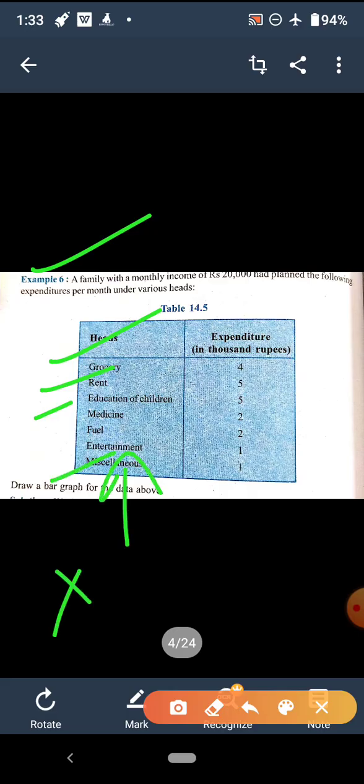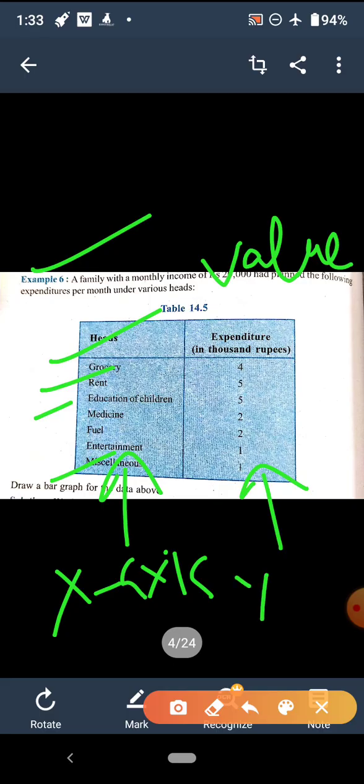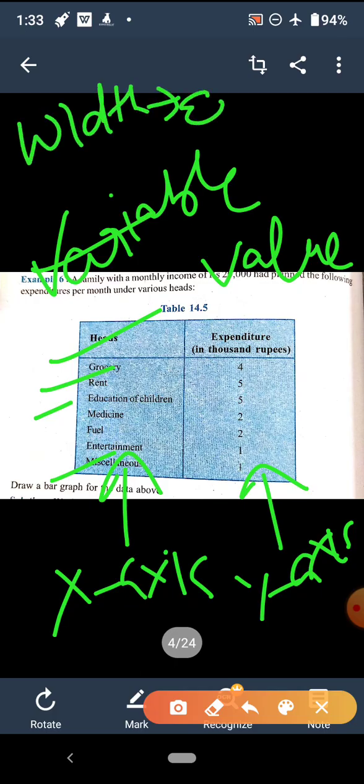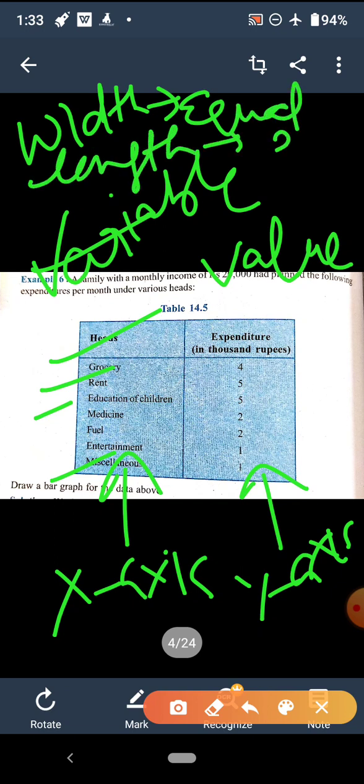All these will be represented on the x-axis, and the values we will represent on the y-axis. The width of the bars will be equal, the length will change, and there will be equal spacing.